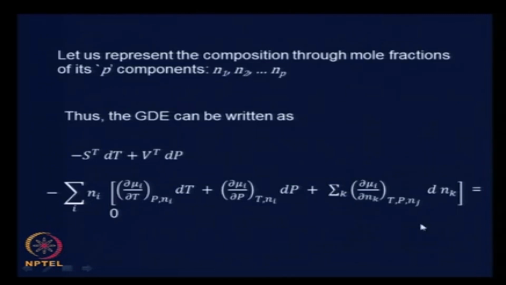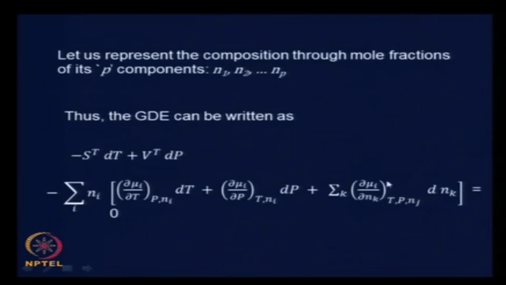This is the first term minus S_t dT plus V_t dP, plus the sum of N_i d mu_i written by considering mu_i as a function of temperature, pressure and the composition of all the species.